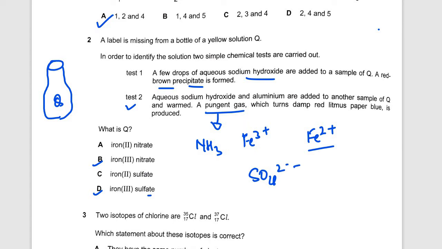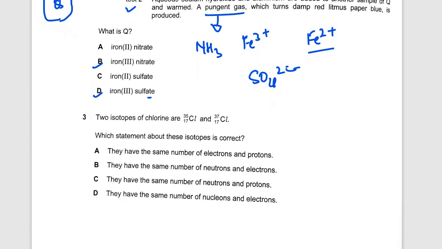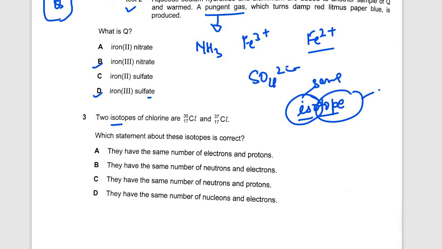So coming to the third question, the isotopes of chlorine. What are isotopes? Isotopes are basically forms of the atom present in different forms, because they have different numbers of neutrons. Iso means same, and tope means position.